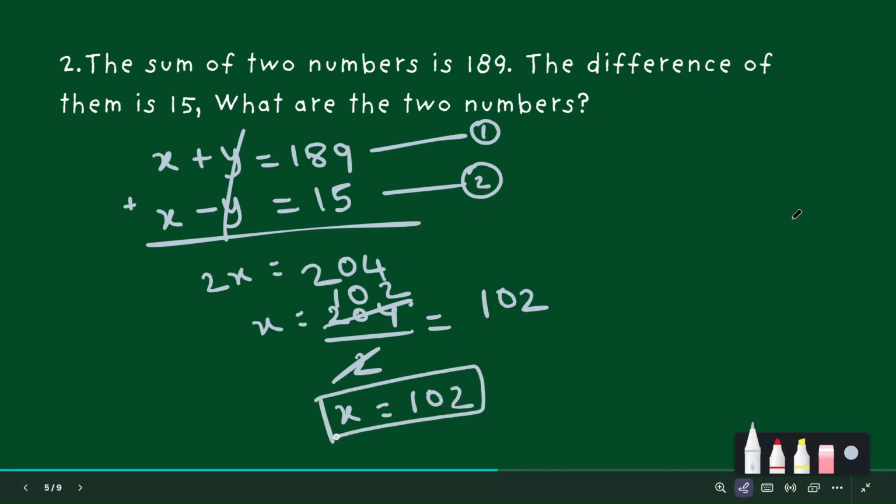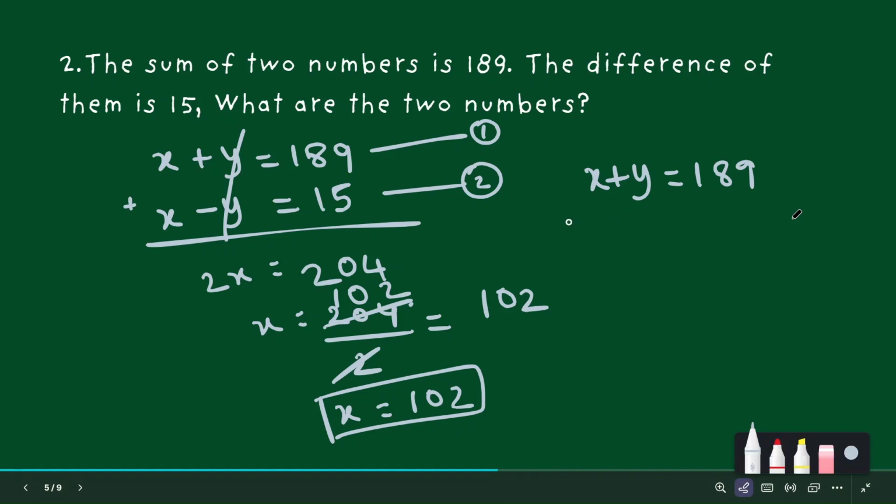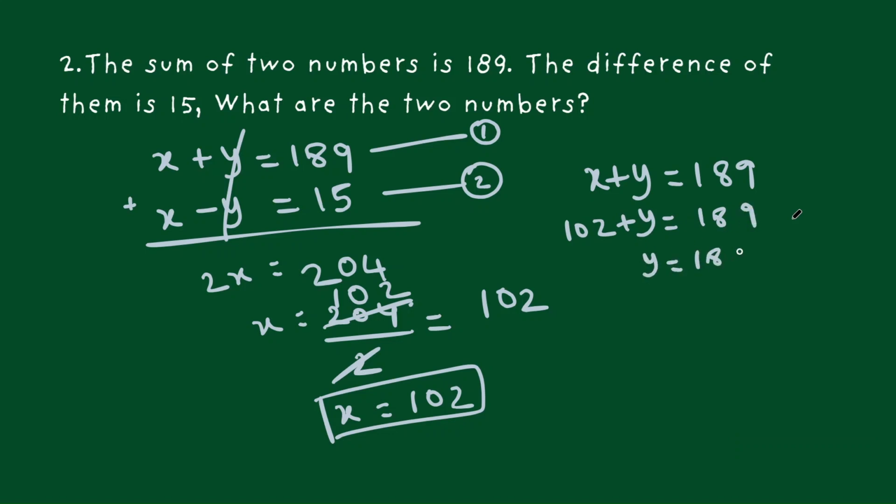Then what is y? Let us substitute in equation 1. x + y = 189 is equation 1. Instead of x, we put 102 + y = 189. So y = 189 - 102.